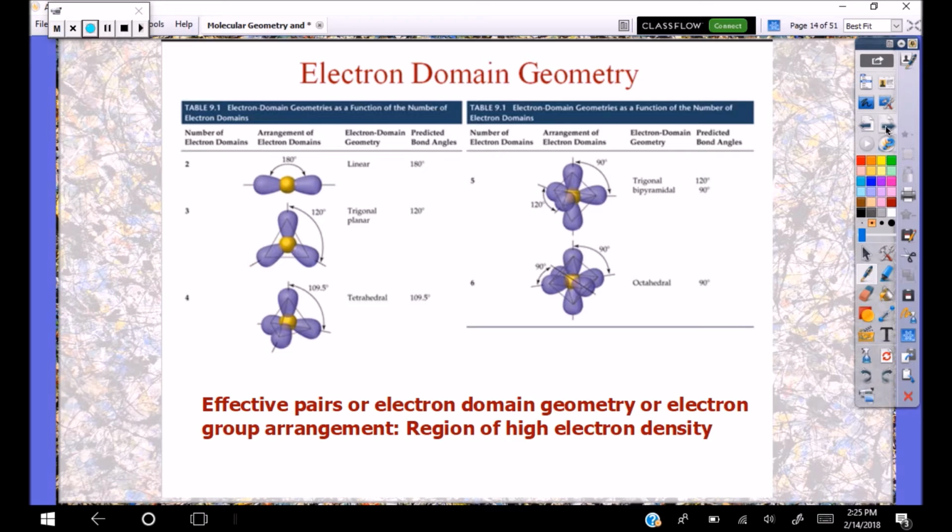Just to clarify the electron domain geometry, when we talk about the electron groups, we're talking about the things involved in bonding or the lone pairs on the central atom, because those are the regions of high electron density. Remember, the valence electrons are the ones that are always involved in the bonding, and so that's why we're primarily looking at those.